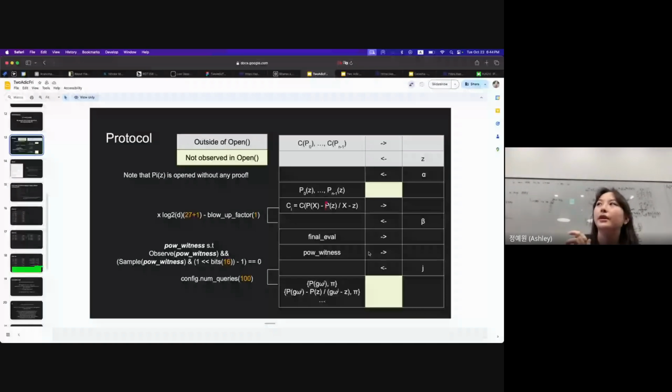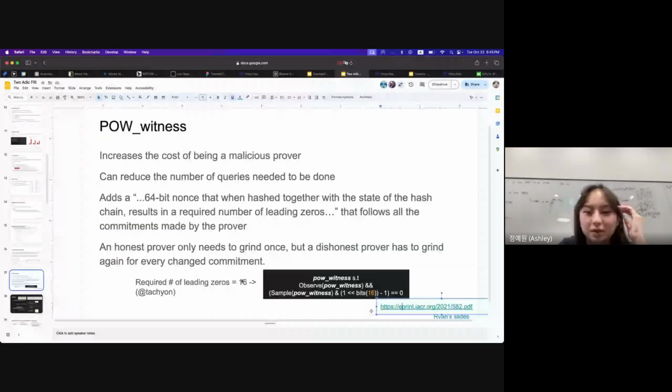What it does is it has a 64-bit nonce that, when hashed together with the state of the hash chain, results in a required number of leading zeros that follows all the commitments made by the prover. As you can see here in this protocol, after the final eval, we also commit the POW witness. So it's done after all the commitments.